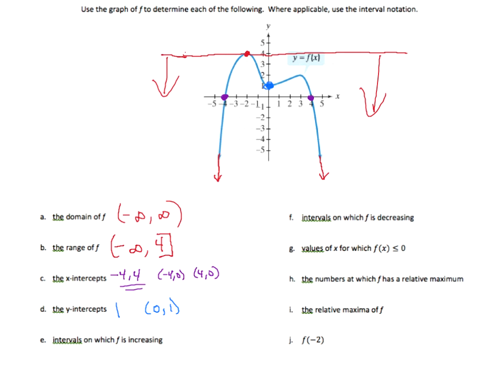I believe my math lab is okay with just writing the values and putting a comma between them if I'm not mistaken. Okay, you're only ever going to have one y-intercept if you're dealing with a function, and in this case, the y-intercept is 1. That corresponds to the point 0, 1.